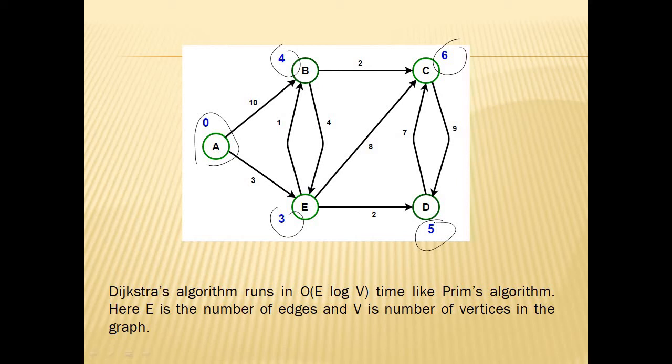And then I found the adjacent vertices to E, B, C, D, and found the minimum path to travel from A to that particular vertex. Okay. So this is about Dijkstra's algorithm. The time complexity of the algorithm is big O of E log V. Which is one of the most important. Just practice this one, then only we will be able to understand clearly.